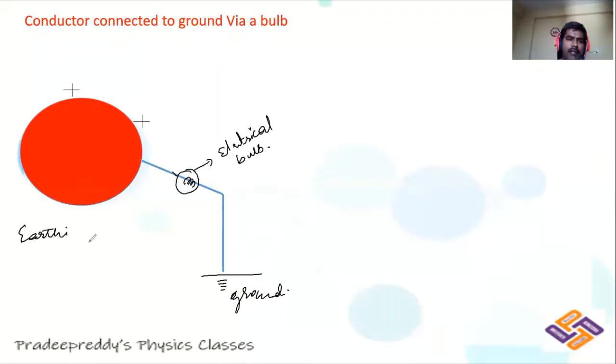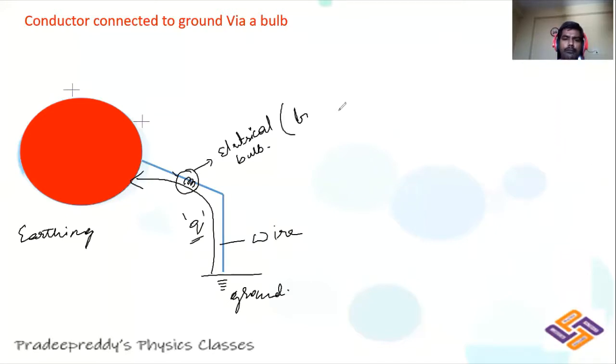Earthing is nothing but giving a connection to the ground through a conducting wire. Now what would happen in this case? As this charged body requires negative charges, it draws some negative charges from the ground. Therefore negative charges are supplied to this body by the ground, and that charge I will consider as Q. When you connect a positively charged body to the ground, the ground will provide charges, and as charges pass through this conductor via the electrical bulb, the bulb will glow.